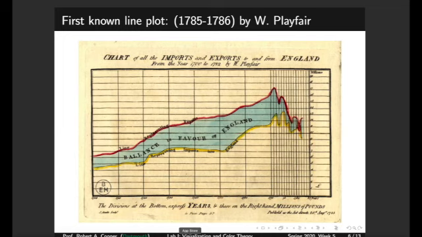Want to flash here for you the first known line plot. It's from the late 18th century by a person named William Playfair. You can see it's pretty basic, but it's actually really cool. There's actually some interesting things going on. There's some good labeling. They're basic line plots.